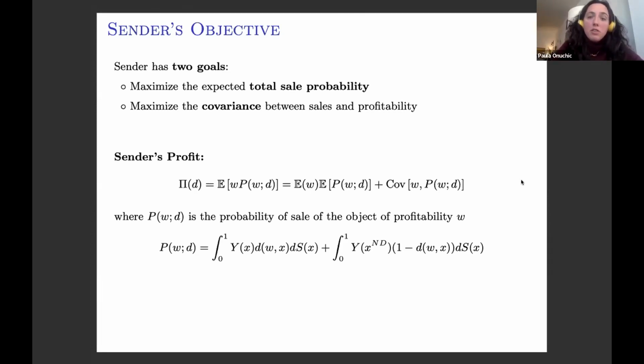So I'm also affecting the X_ND itself with my disclosure rule. So I might want to disclose to you some things that are negative if that means it would improve your overall perception whenever I choose to not disclose.